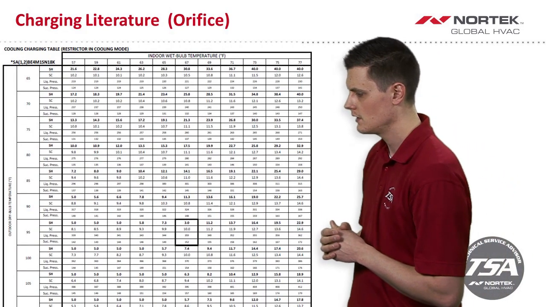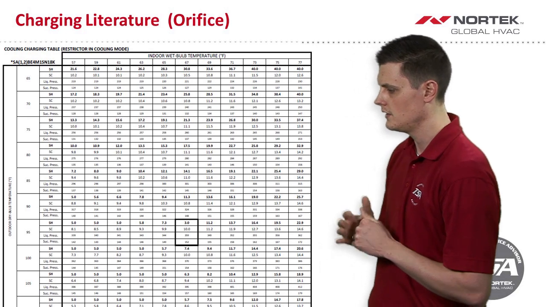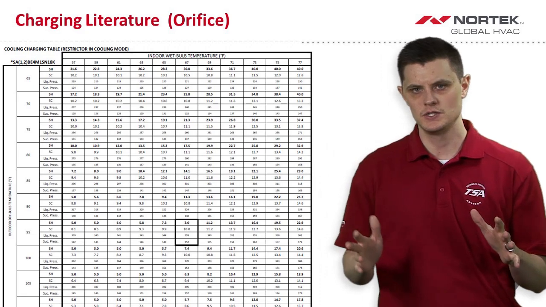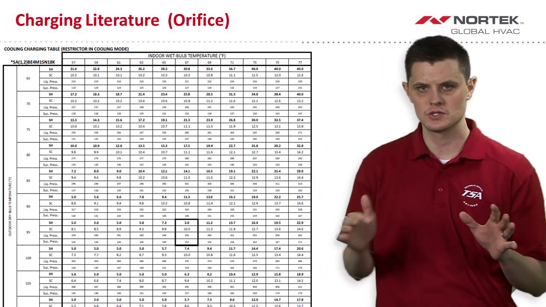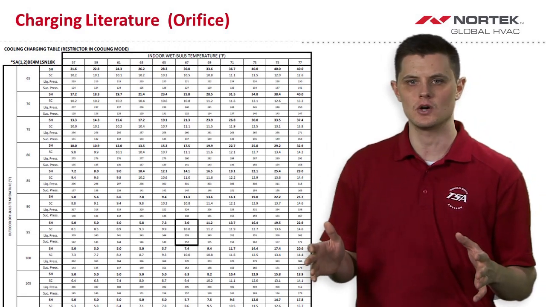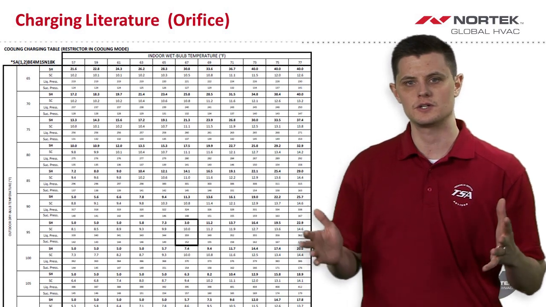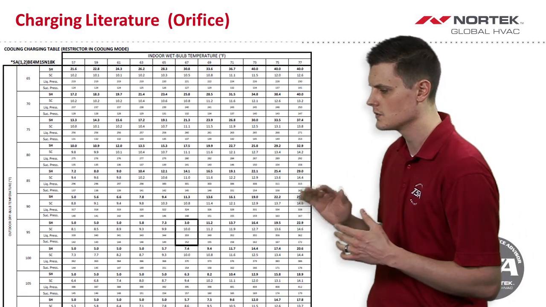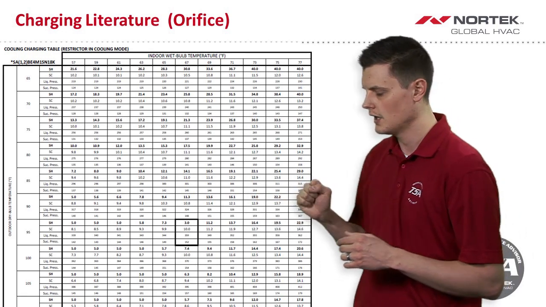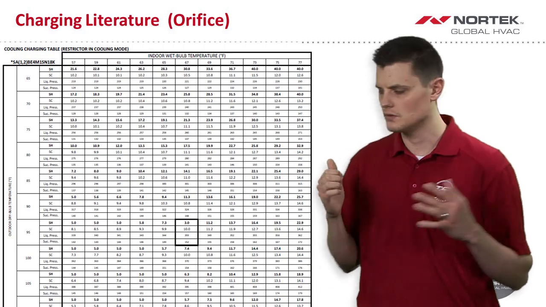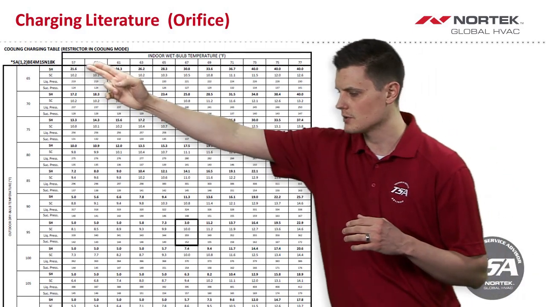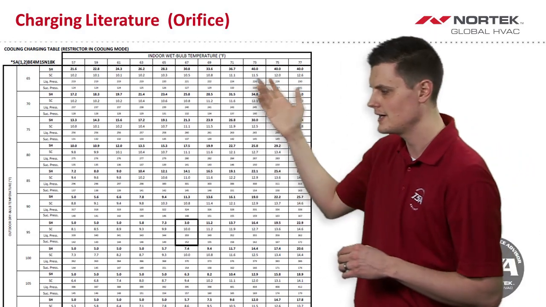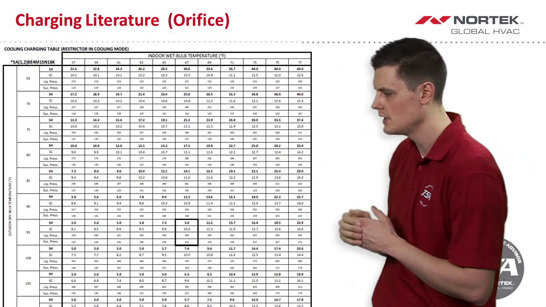And then this document here is not available to you guys yet. It's still in the process of making its way onto the literature library. What we wanted to do as well, and it may be hard to see on the screen, is at the very top corner we have the model number, and this is just a straight AC 1.5 ton model number.